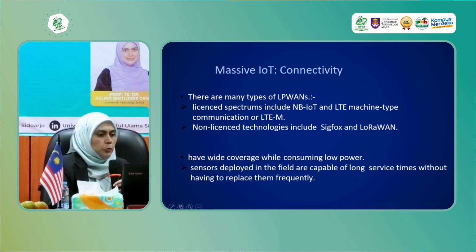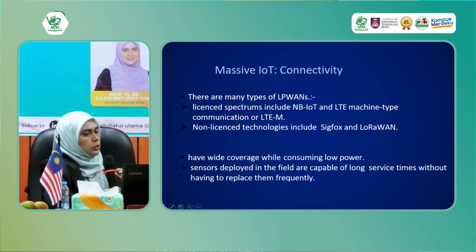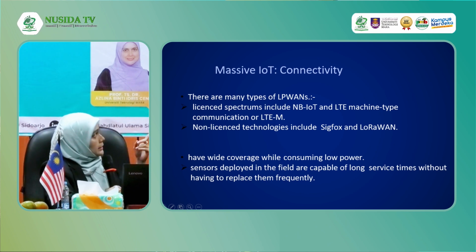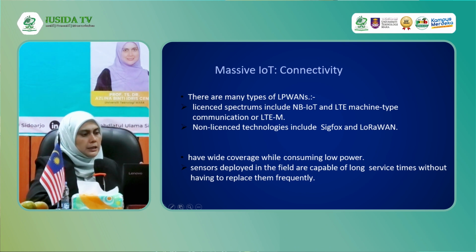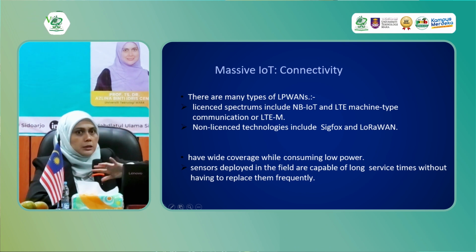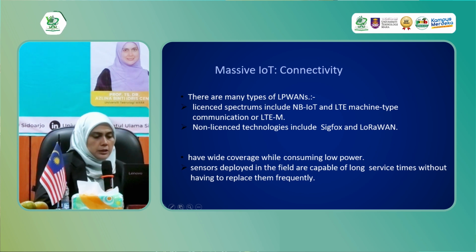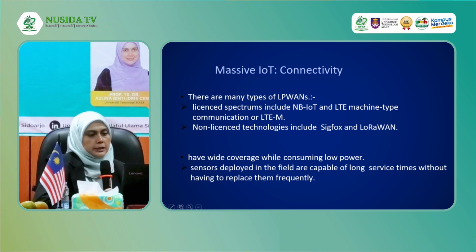So it has wide coverage while consuming low power. So in this case, you can see that by using narrowband IoT, by using massive Internet of Things, it can cover a wider area. Okay, and then at the same time, it can produce low power. Okay, so sensors deployed in the field are capable of long service times without having to replace them frequently.